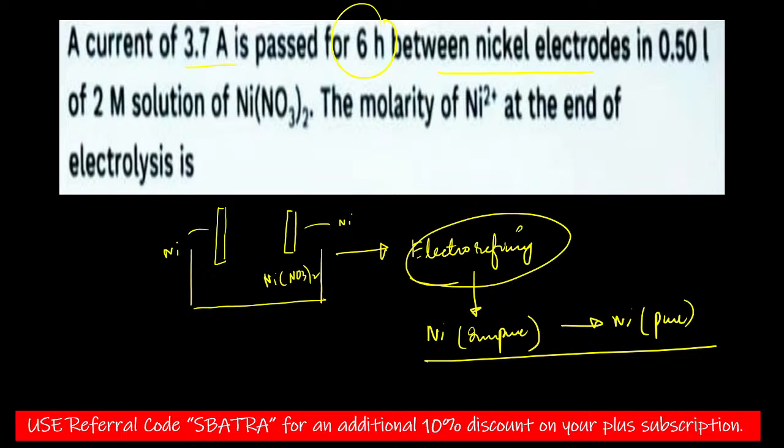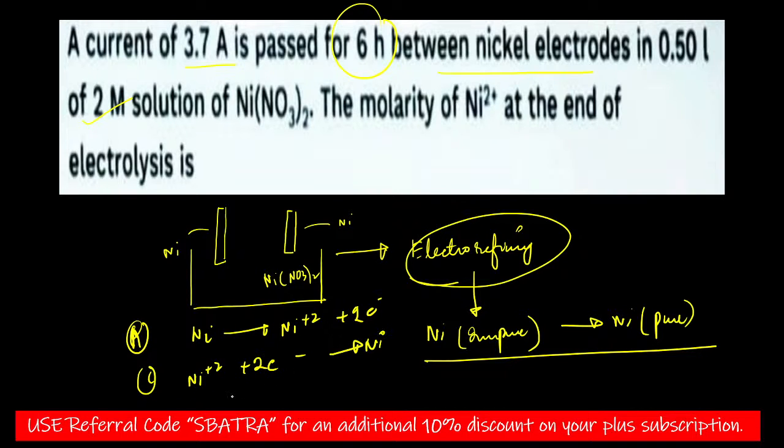Okay, if you're converting impure nickel to pure nickel, that means you have 2 molar nickel nitrate. Let's suppose the anode reaction is nickel to nickel 2 positive plus 2 electrons, and the cathode reaction is nickel 2 positive plus 2 electrons gives you nickel. That means you are converting impure nickel to pure nickel.